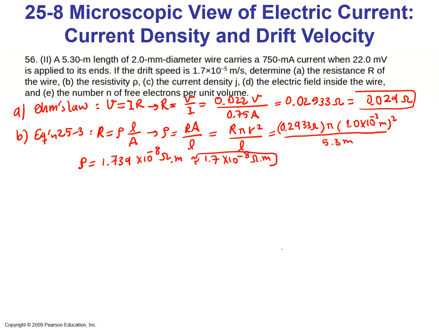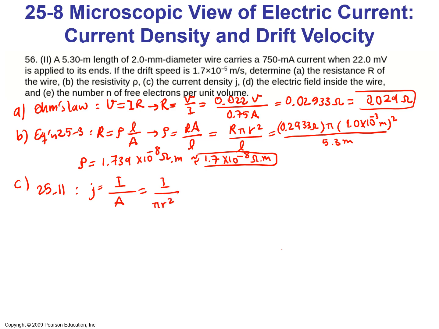ohm meter. For part C, we should use equation 25-11 to find the current density. That says J equals I divided by the cross-section of the wire, which is current I divided by pi r squared.